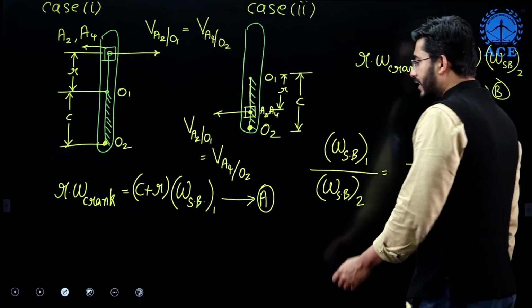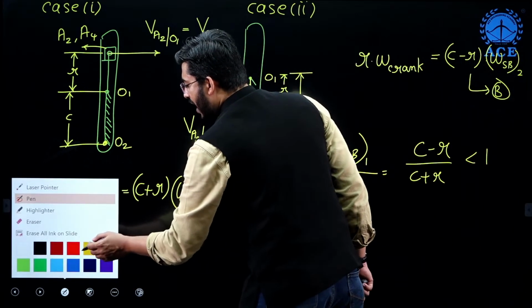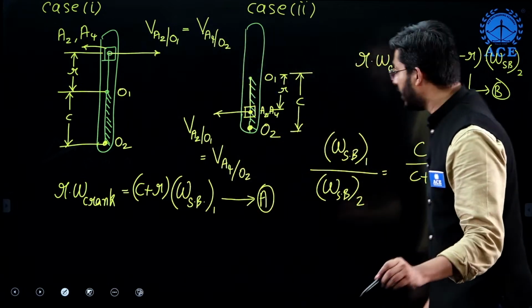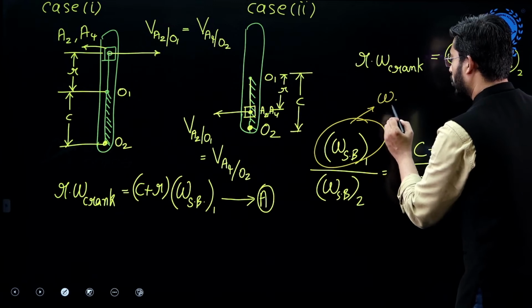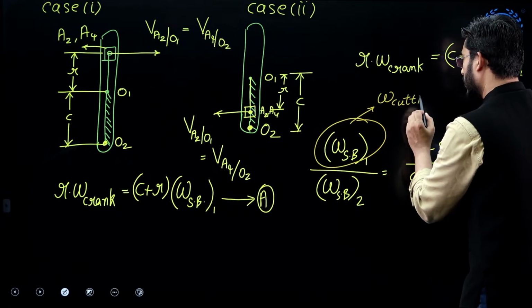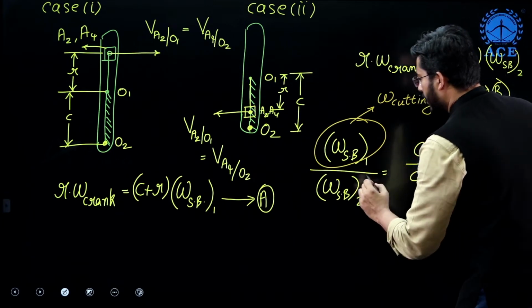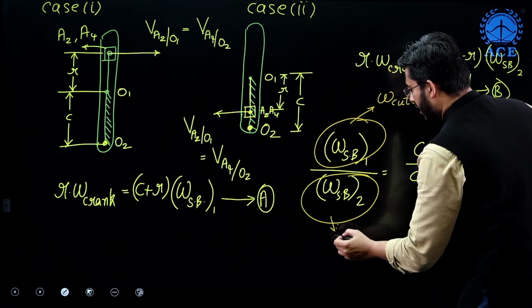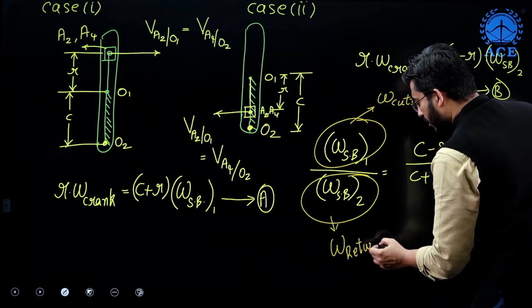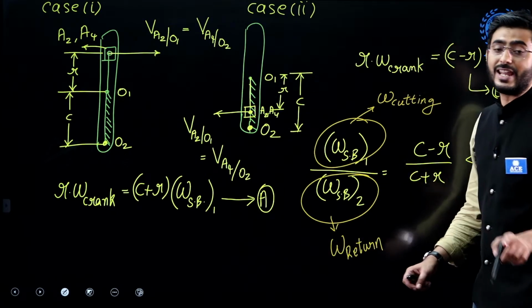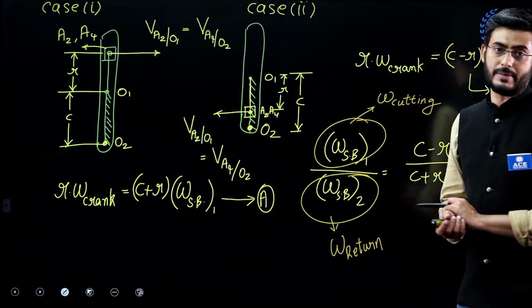We know that omega of slotted bar 1 represents the cutting velocity. This is omega cutting. And this bottom velocity represents omega return. Why? Because we call this mechanism a quick return mechanism.